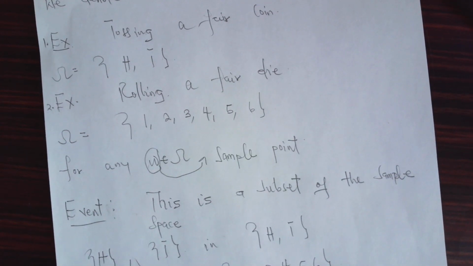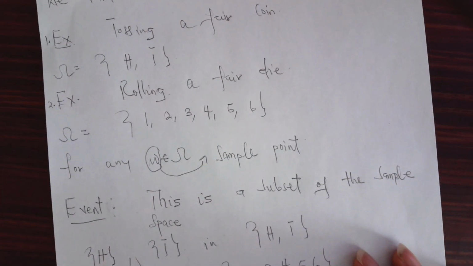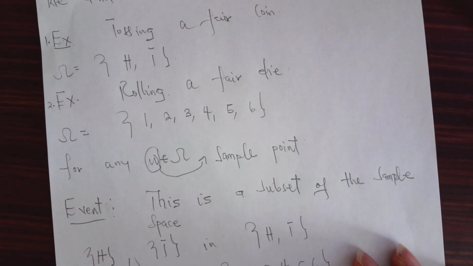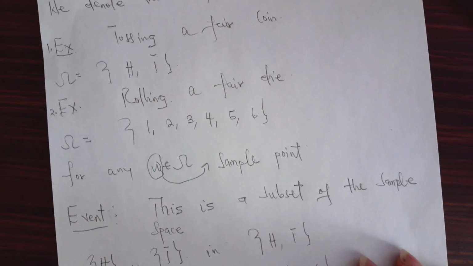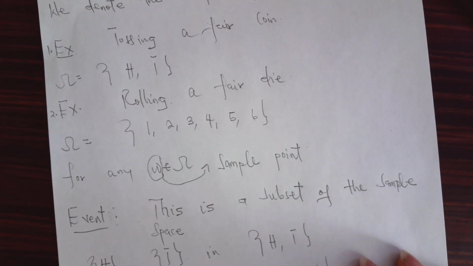Another interesting thing we would like to know is events, because events will be key in our study. What do we mean by an event? Whenever you have a random experiment, we have to know the sample space involved, and an event is a subset of the sample space. From our first example, tossing a fair coin, we had the sample space head and tail.